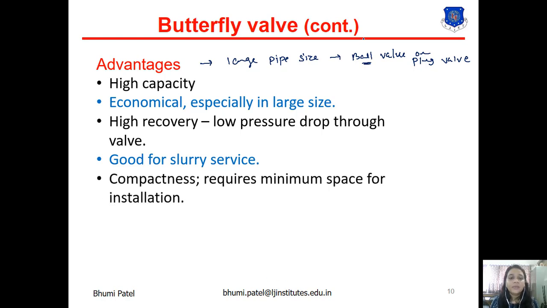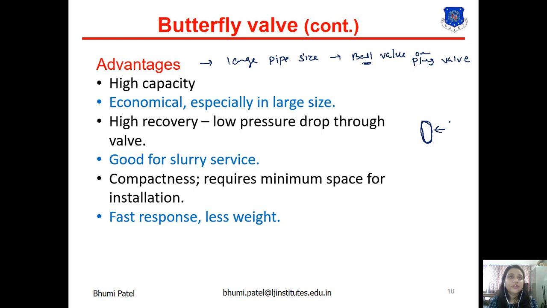Compactness requires minimum space for the installation. Here you can see that in the butterfly valve we can use only one disc. So it is a compact design and requires the minimum space in the installation compared to the ball valve and the plug valve.